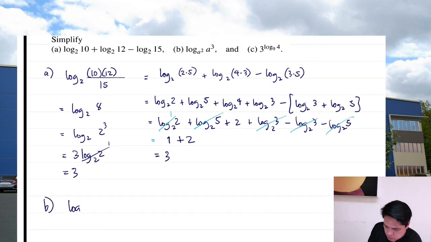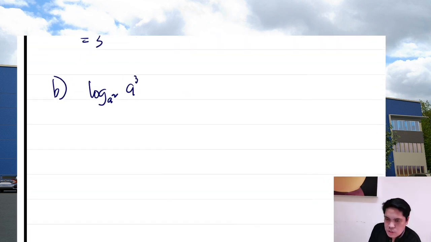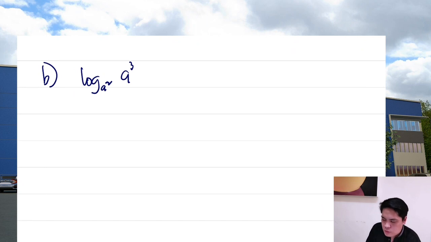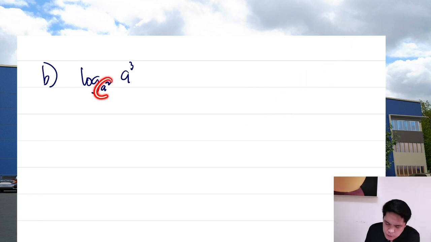For letter B, we have logarithm of a cubed to the base a squared. So, that's a bit tricky. Okay? So, ganun pa rin. Yung technique na ginagawa natin dito is dapat magkapareho tong base tsaka ito para ma-cancel out natin or ma-change natin into 1. Diba? Yun yung target natin. Logarithm of a to the base a, which is equal to 1. So, if the base is a squared, let's manipulate this that the base here will be a squared then.